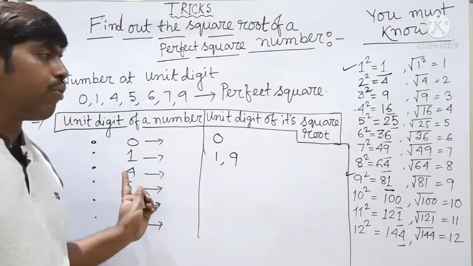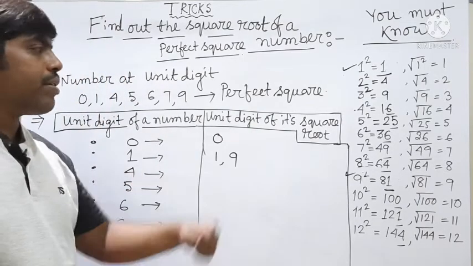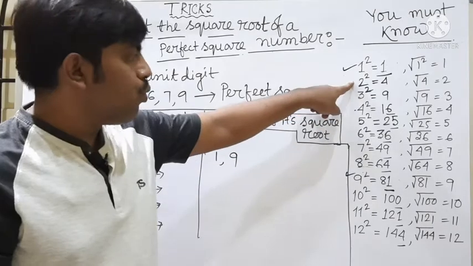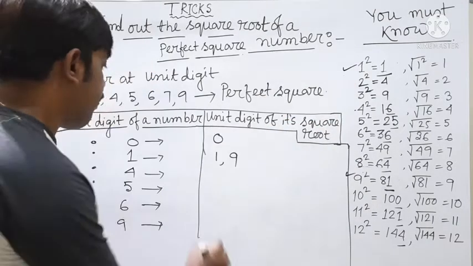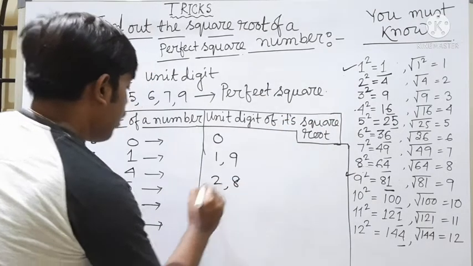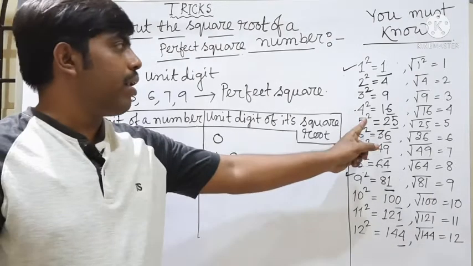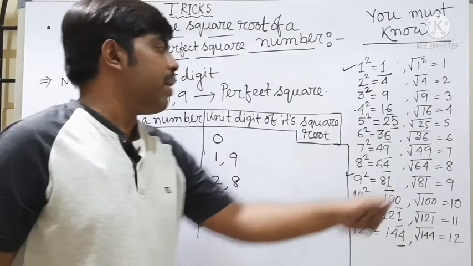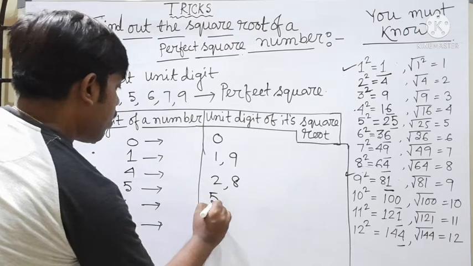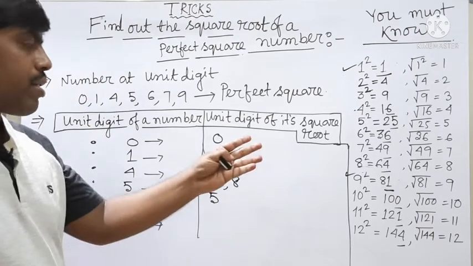Similarly, if a number ends with 4, then the unit digit of its square root will be 2 or 8. If a number ends with 5, then its square root's unit place will be 5.